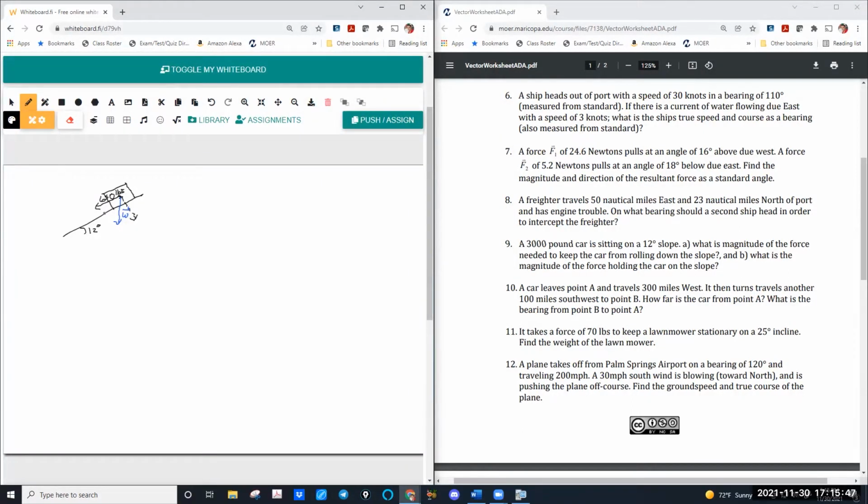Now, where our right triangle comes in, if I spin this thing around, we've got the 650 pointing out like so.